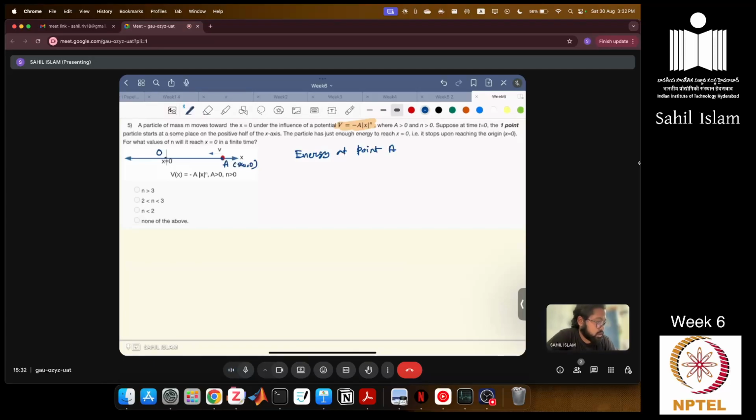Half mv square, because there it has a velocity v, plus some potential energy that is given. So x0 is greater than 0.